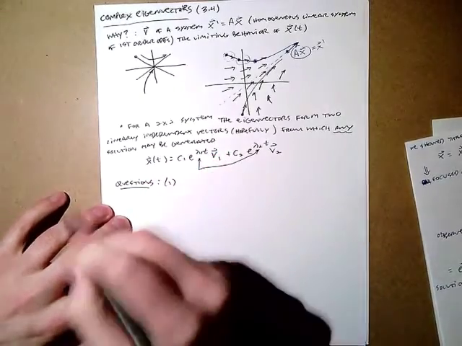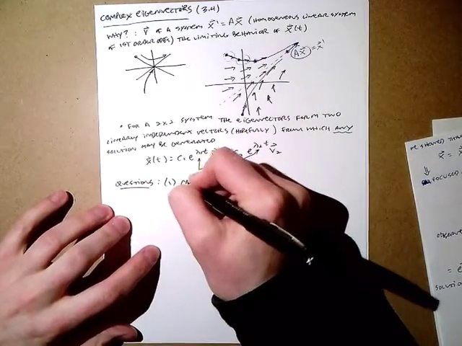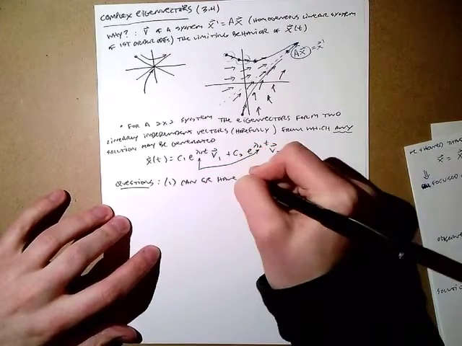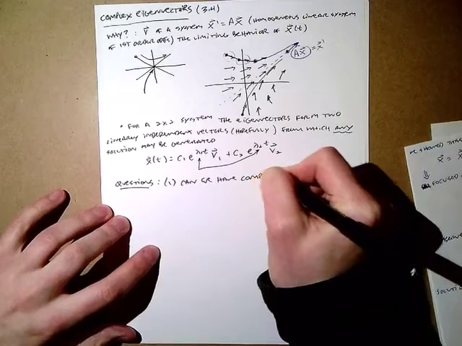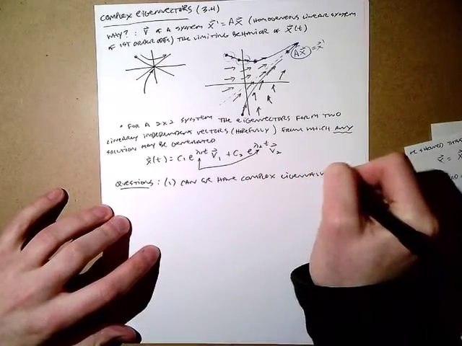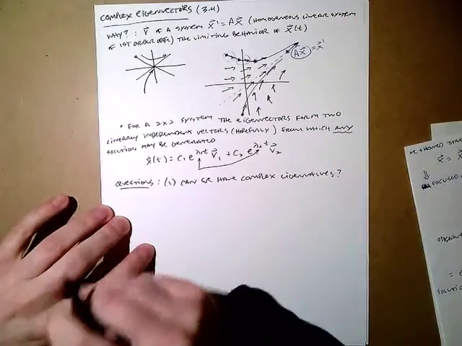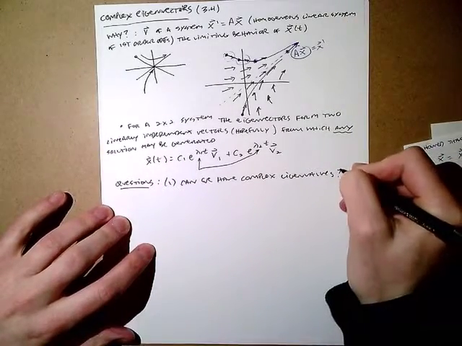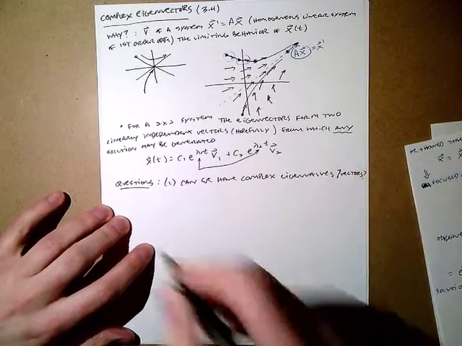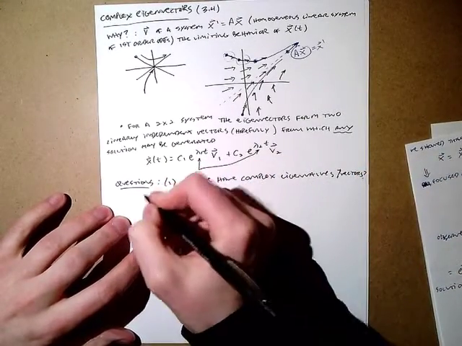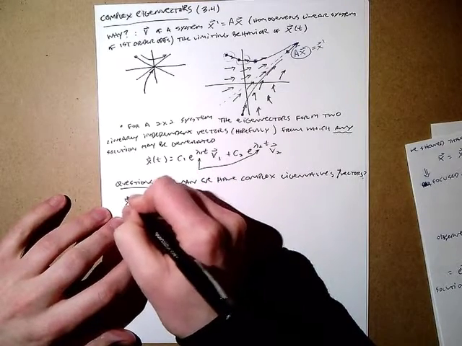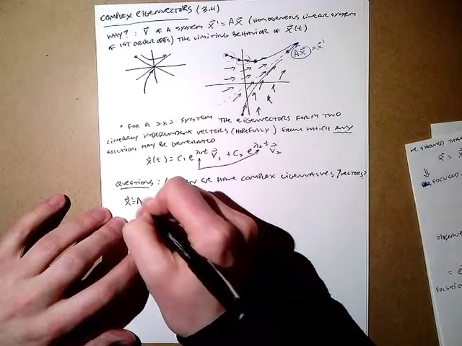Question 1. Can we have complex eigenvalues, or eigenvalues/eigenvectors? We know that the eigenvalues come from the characteristic equation of our linear system.